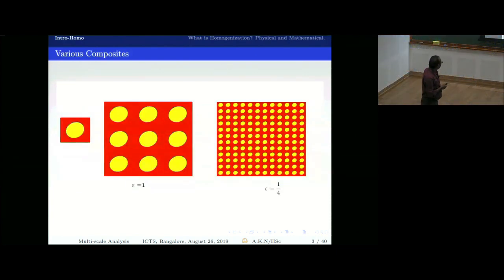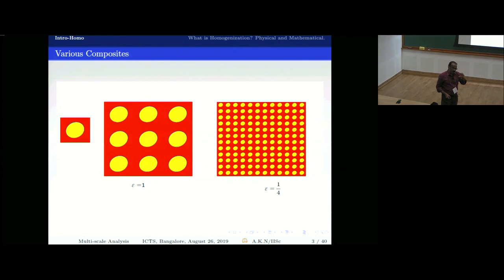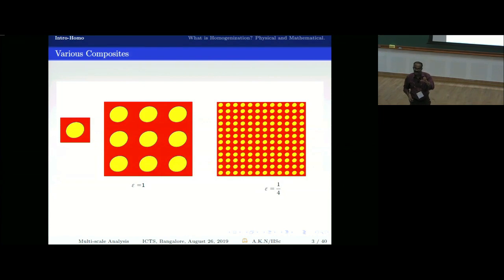So this is a picture of what is called a composite material. Most of you would have heard about a composite material. If you are using a pure material, that pure material may not have the property you are looking for. For example, the big example which I normally tell my students: suppose you want to use pure gold, say 24 karat gold.